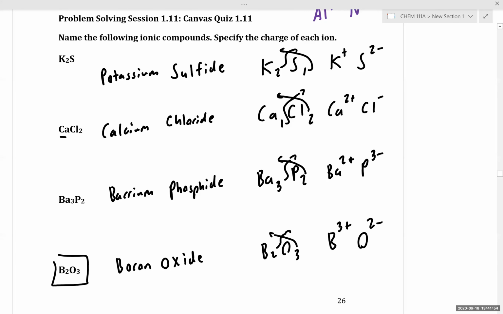How do we know which one's an anion and a cation again? The metal, for example, in the last one, Ba3P2, the metal is the cation, the non-metal is the anion. In general as well, the most electronegative element will prefer to be the anion, the least electronegative will prefer to be the cation. Does that make sense? Sorry, you're cutting off a little bit.